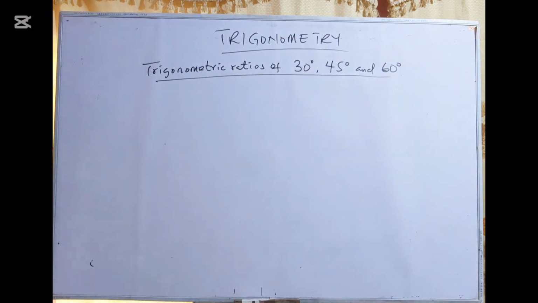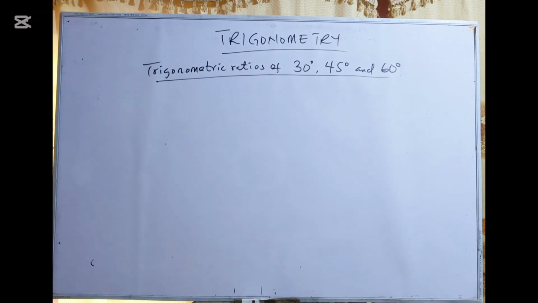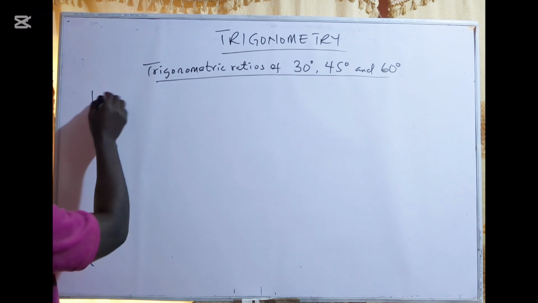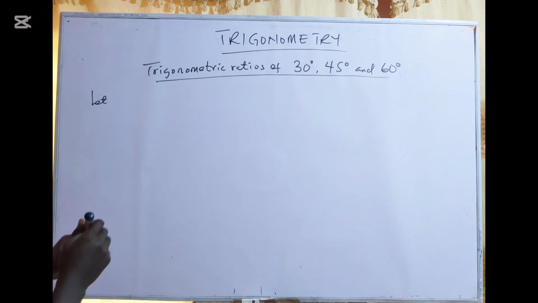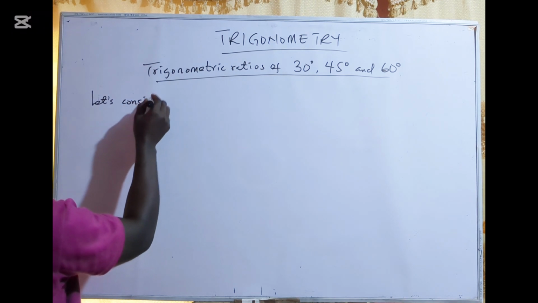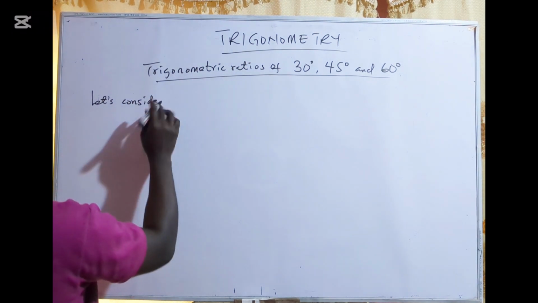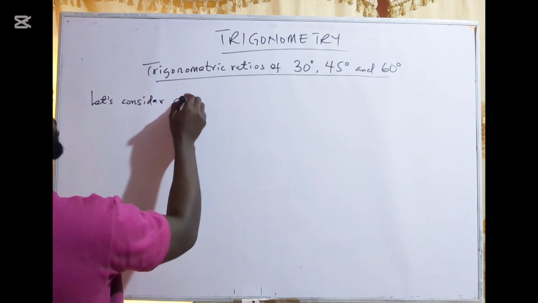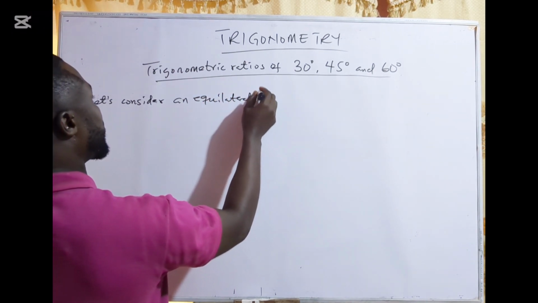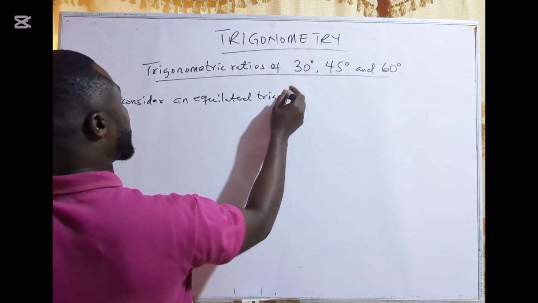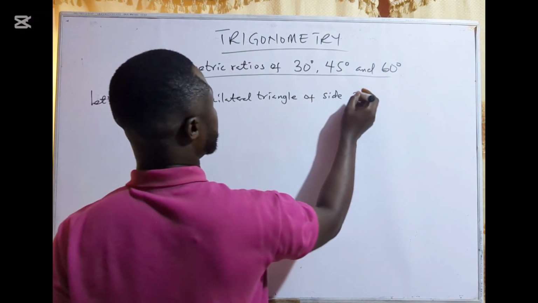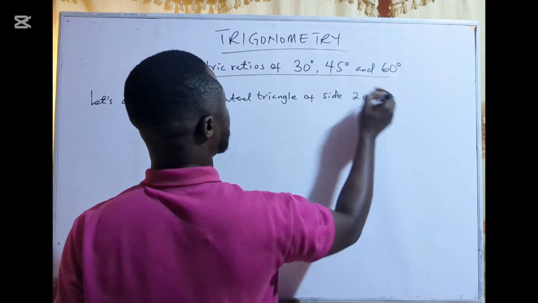So let's look at it and move on from there. If you want to get the 30 and the 60, let's consider an equilateral triangle of side 2 units.